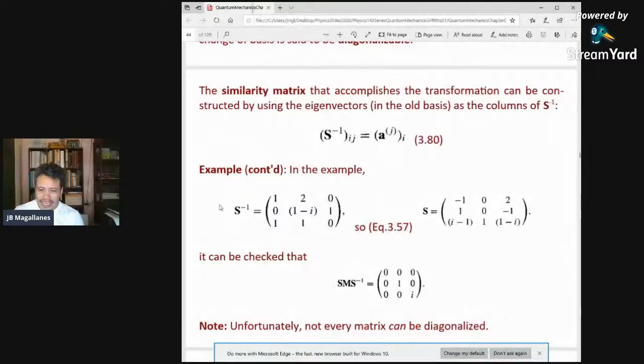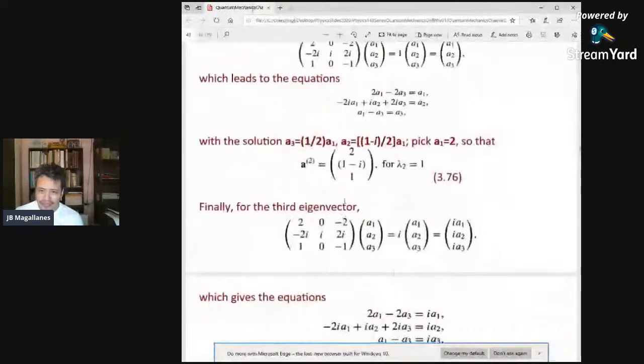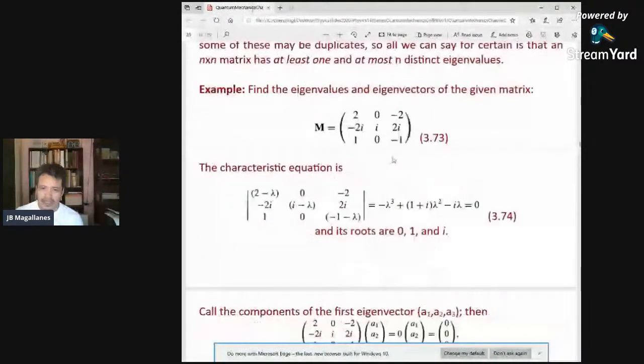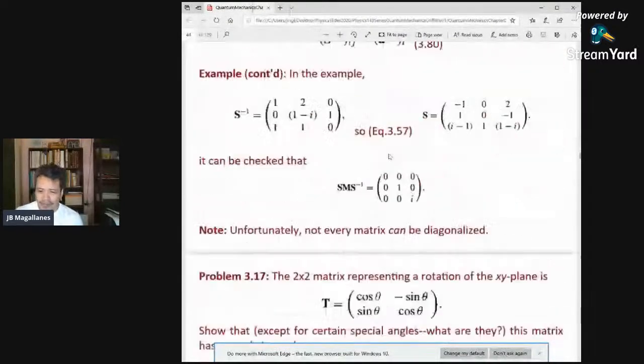Now you can diagonalize. You can multiply this matrix S by the M here, on your convenient time, and then put the S inverse here. So you are multiplying three matrices. By the way, in multiplying matrices, you have to do it in right to left order.